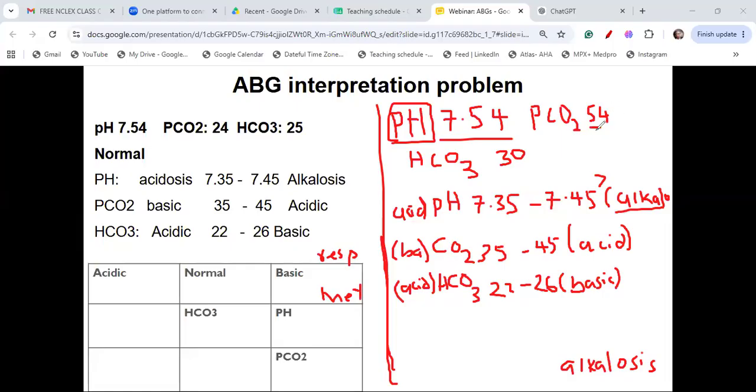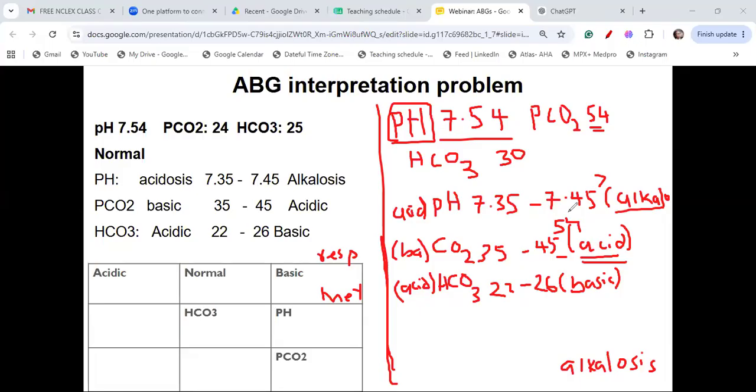Our CO2 is 54. Where is your 54 lying? Please answer that. Is it on this side or on this side? The 54 is lying on the acidic side.